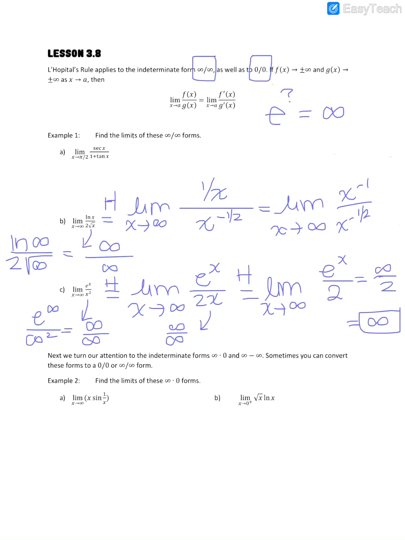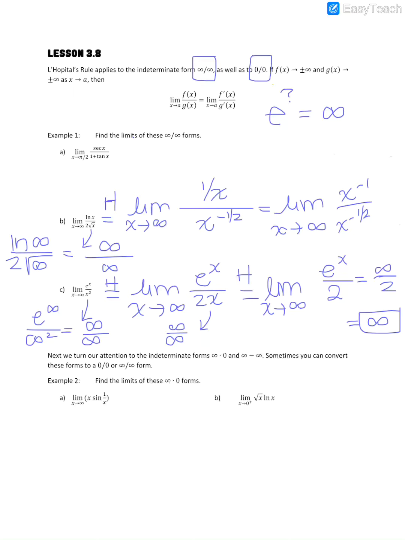All right, next we turn our attention to the indeterminate forms infinity times 0 and infinity minus infinity. Sometimes you can convert these forms to a 0 over 0 or infinity over infinity form. On these, it's really important that we're not writing down answers, because even though we might think that infinity times 0 equals 0, it might not.